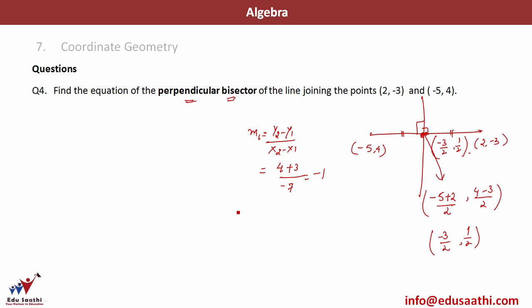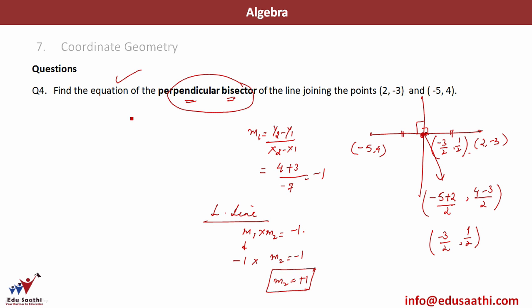Now if it's a perpendicular line, the product of the slopes would be equal to -1. So if this line has slope -1, m2 would be equal to plus 1. You have to find the equation of a line which is a perpendicular bisector.